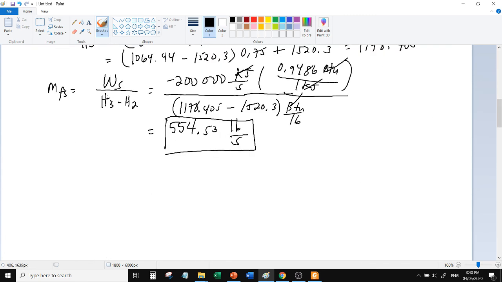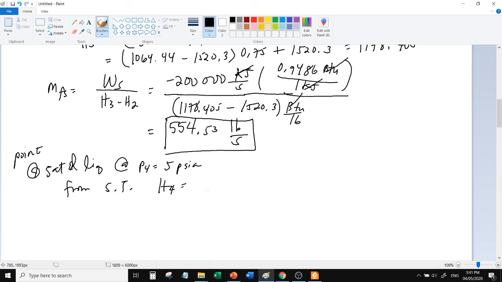So, alam natin na sa 0.4, saturated liquid at P4 equal to 5 PSIA. We read from the steam table. H4. Okay, isa lang parameter kailangan kasi saturated liquid. So, automatic mababasa na. BTU per pound.